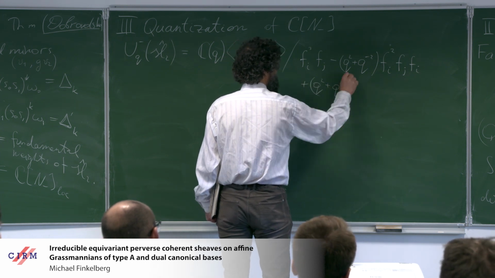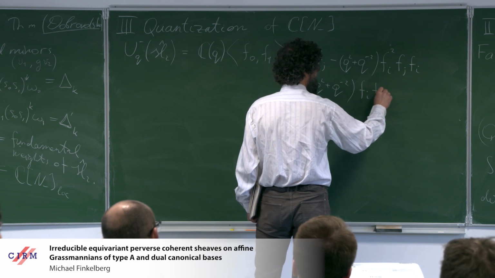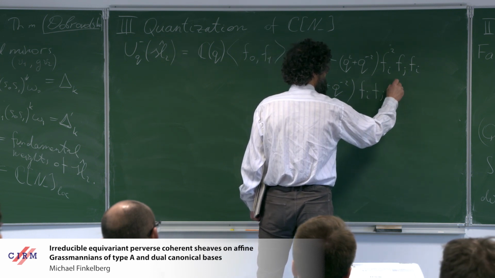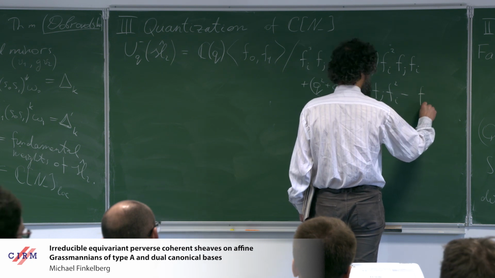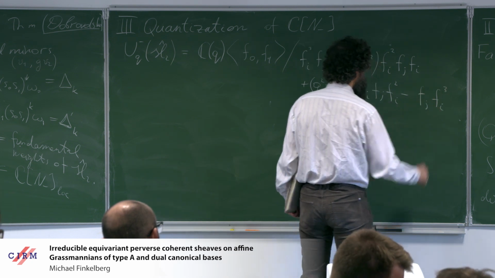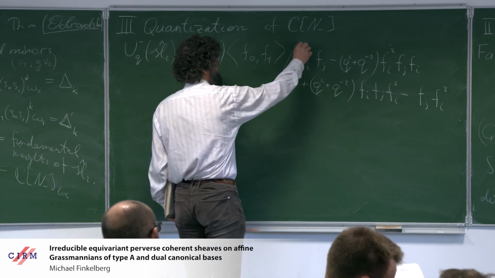q inverse squared) Fi Fj Fi squared minus Fj Fi cubed. Okay.